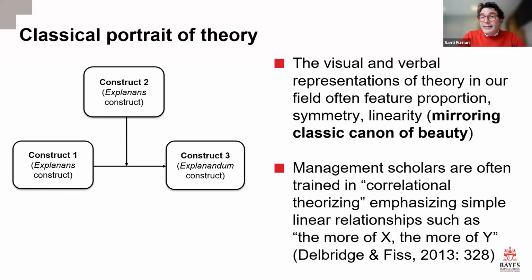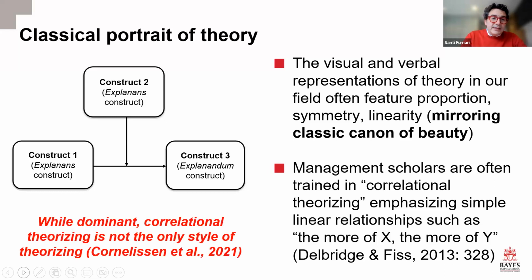We tend to think in linear terms, in terms that are somehow proportionate and symmetrical. However, there's been a lot of debate generally and recently, most importantly, about the fact that correlational theorizing is not the only style of theorizing.